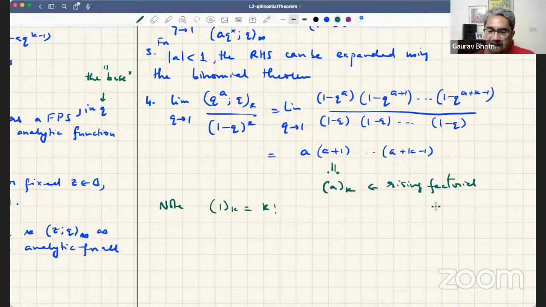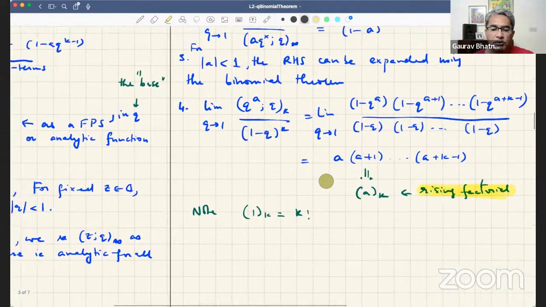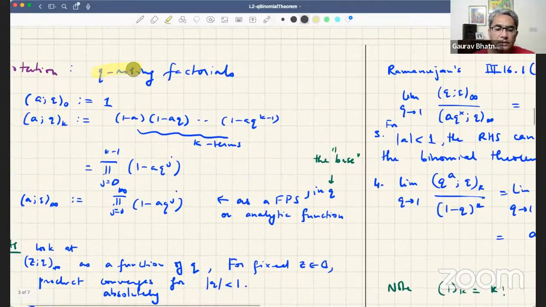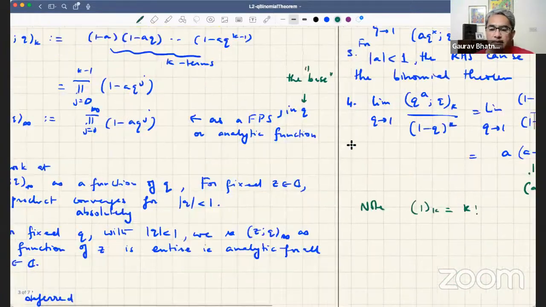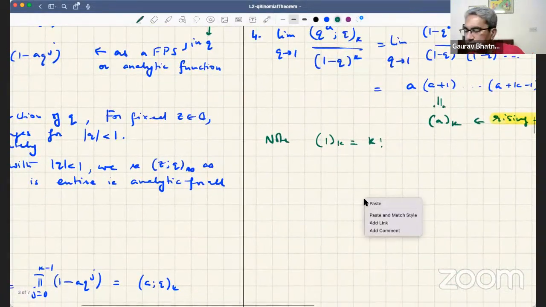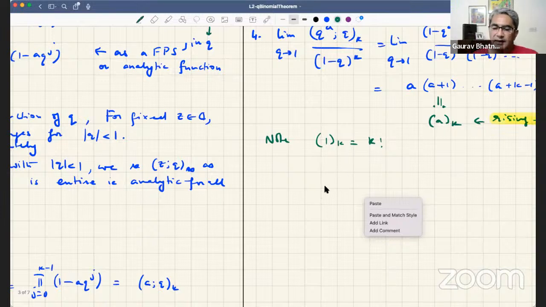So this justifies these terms, rising factorial, and also q rising factorials.